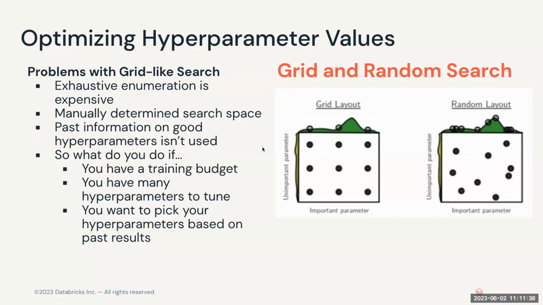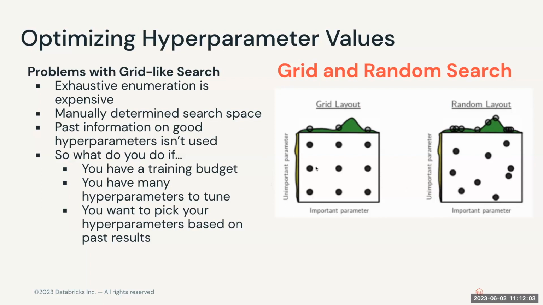But either way, this is not super efficient because you may want to leverage the results of the initial training runs in the future training runs. Like in this example, say this is accuracy and you realize that it increases up here and this part of the chart is lower down here.